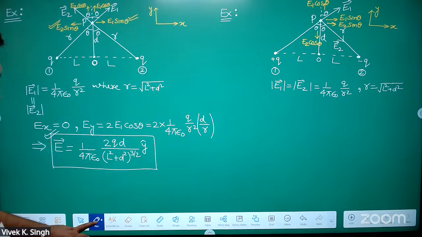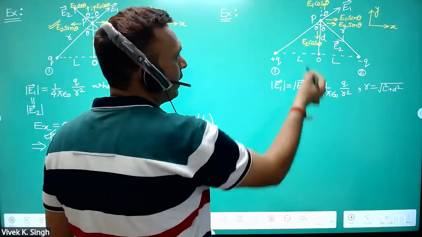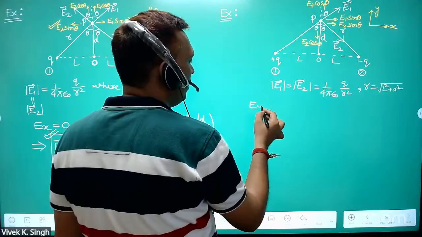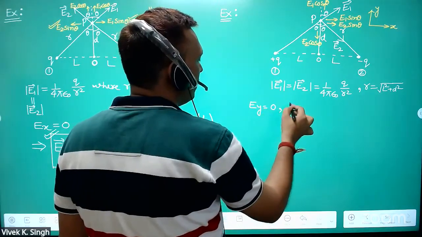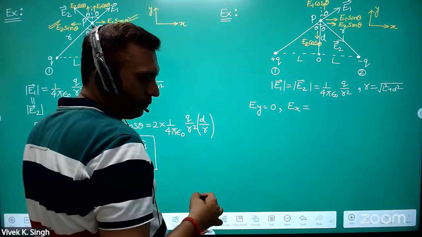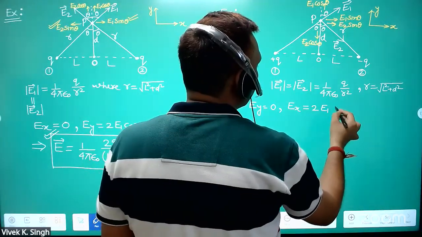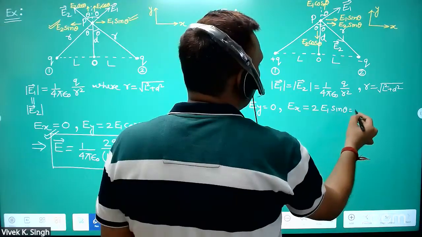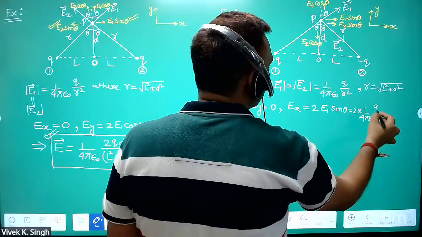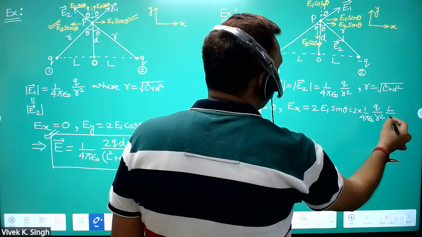Now what will be the resultant in Y direction? E1 and E2 magnitude is the same, so in this case, in Y direction it will cancel out. So EY will be 0. And what will be EX? EX will be 2E1 sin theta, which is 2 times 1 by 4 pi epsilon naught Q by R square. Sin theta is L by small r.